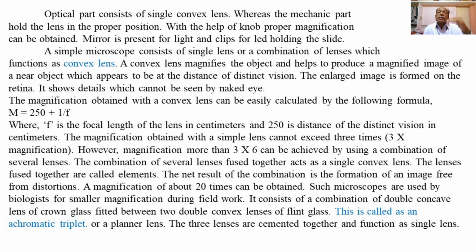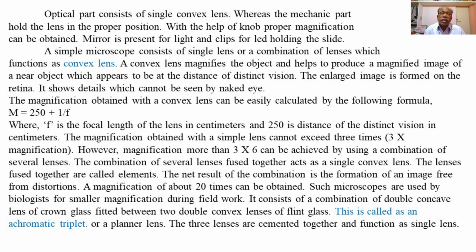Ultimately this forms a single unit, an achromatic triplet, also called a planar lens, which can be used as an element in the simple microscope so as to increase the magnification up to 20 times.